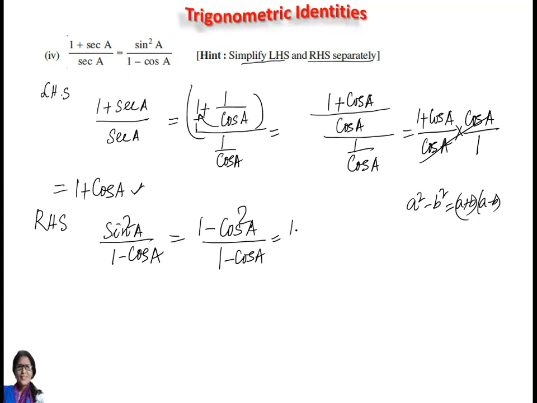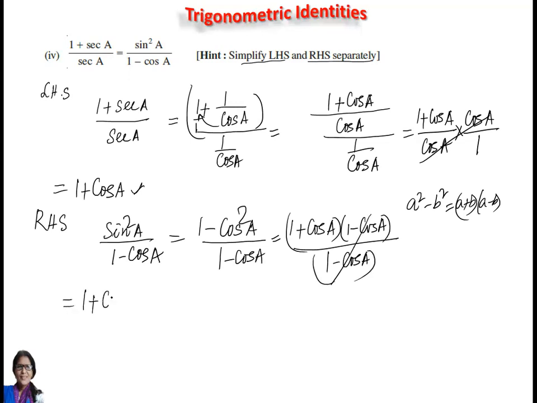So I'll put 1 plus cos A multiplies 1 minus cos A. And here is 1 minus cos A. So cancel, what are you getting? 1 plus cos A. So LHS is equal to RHS. Hence verified. Hence proved.